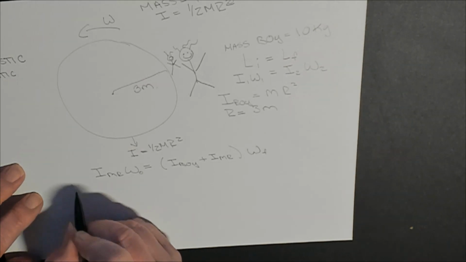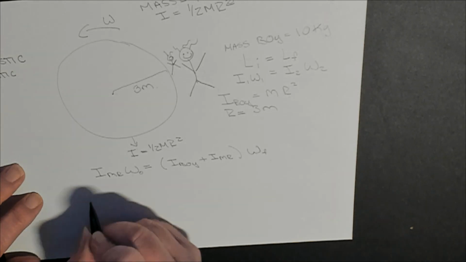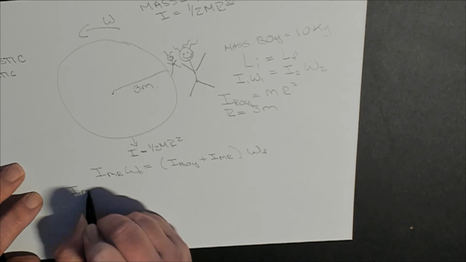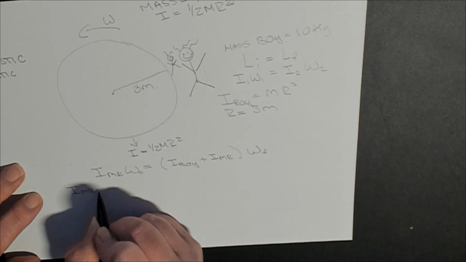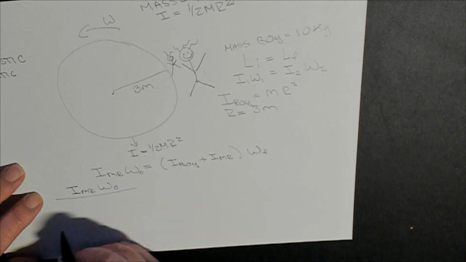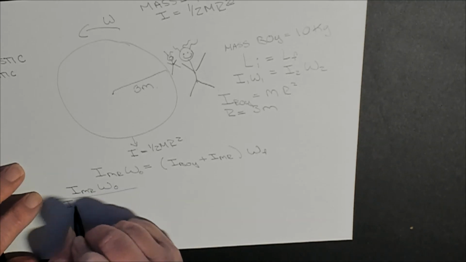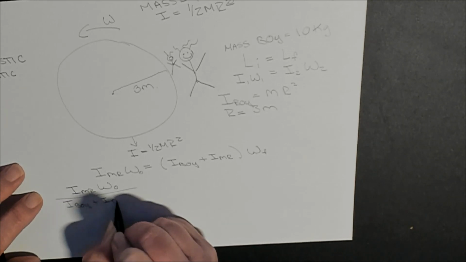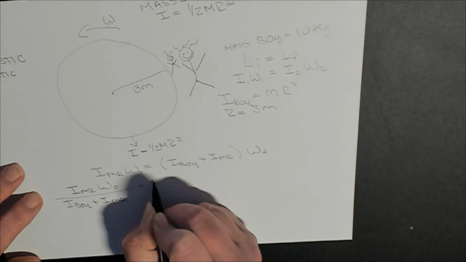So then I can rewrite this. If all I want to do is get to the omega final, then I have the inertia for the merry-go-round times its rotation divided by the I of the boy plus the I of the merry-go-round. And this makes sense.